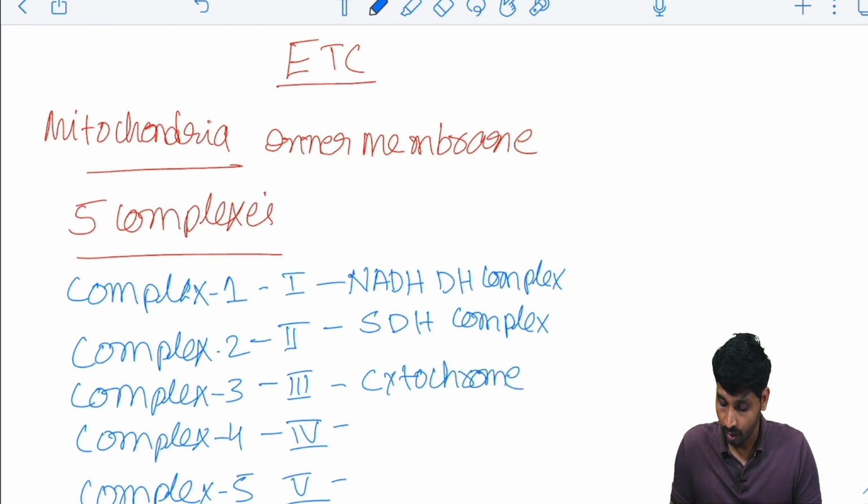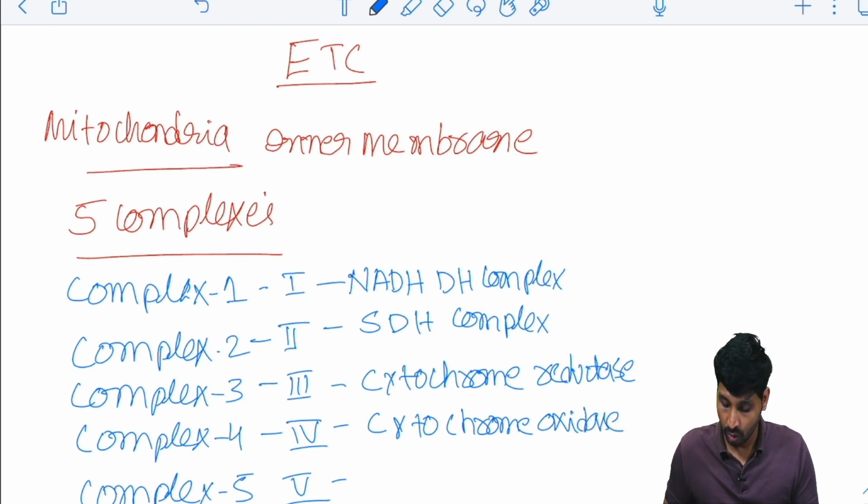Complex 4 is known as cytochrome oxidase, whereas complex 5 is known as F0 F1 particle or ATP synthase.